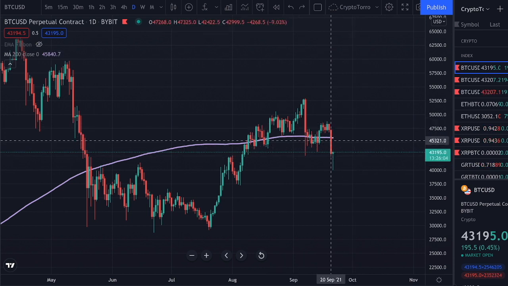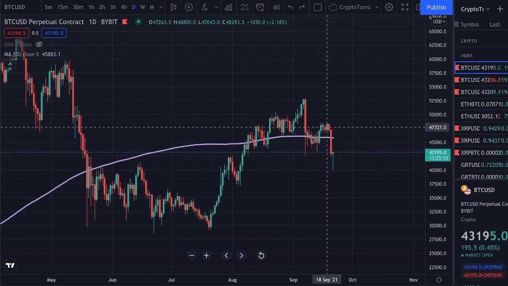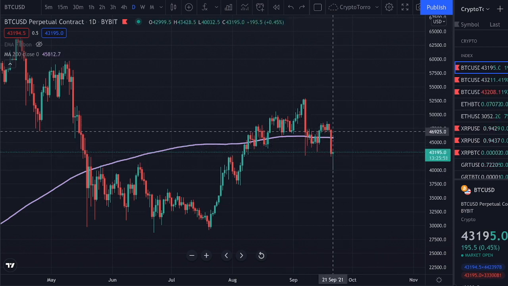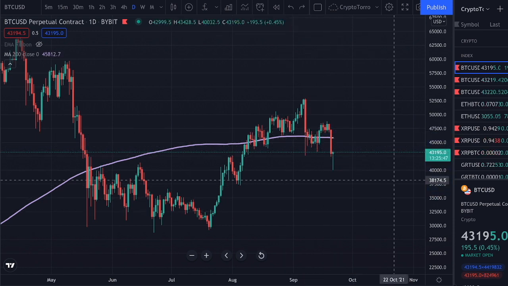But what you have to take into consideration is that once you break down below the 200-day moving average, you might start seeing a major movement towards the downside. So this is perhaps something that might occur right now, that we are going to see Bitcoin fall even further.